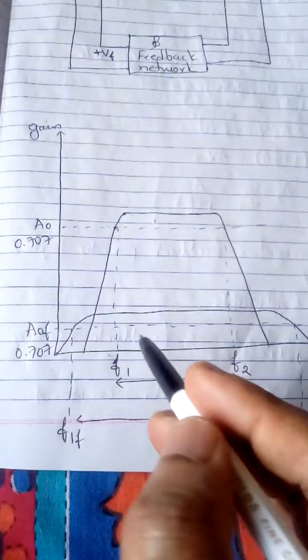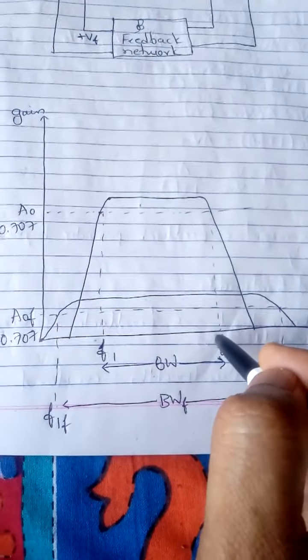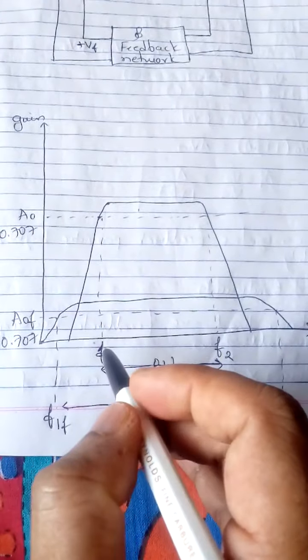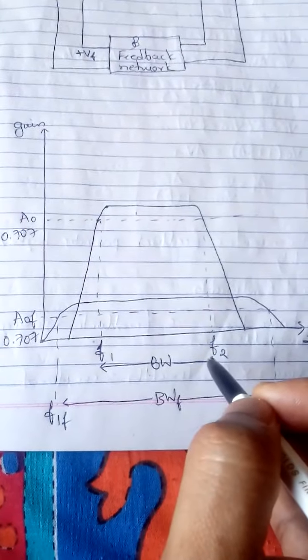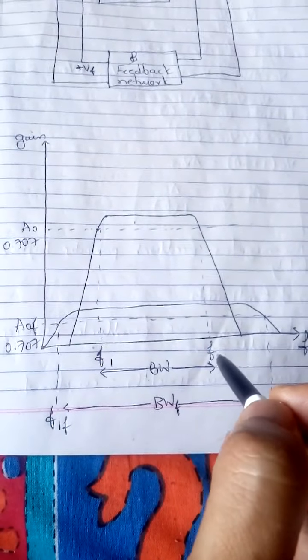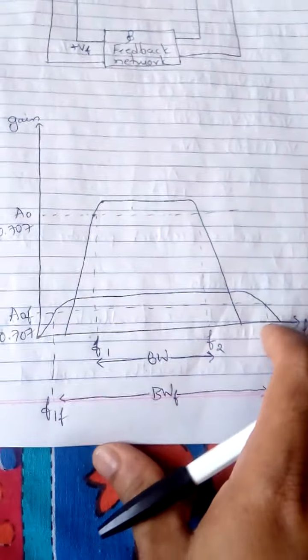I am taking 2 points here from the first curve, F1 and F2. The difference between F1 and F2 I am calling bandwidth. Bandwidth means the range of signal frequencies that needs to be transmitted for a longer distance without any interference.